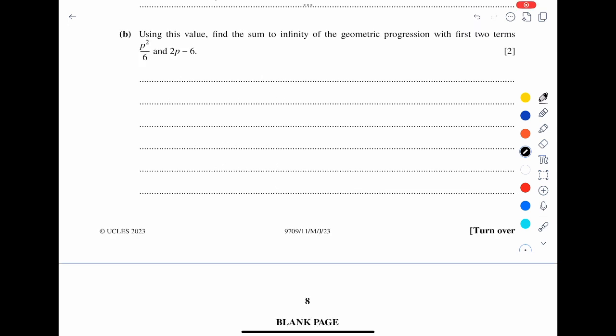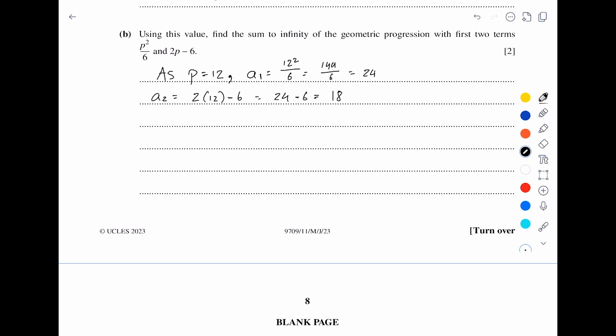Okay, so here we have to utilize p equals 12 for purposes relating to a geometric progression now. After plugging in p equals 12, our first two terms of the geometric progression can now become a1 is equal to 24 and a2 is equal to 18. Simple. Now what's the sum to infinity?